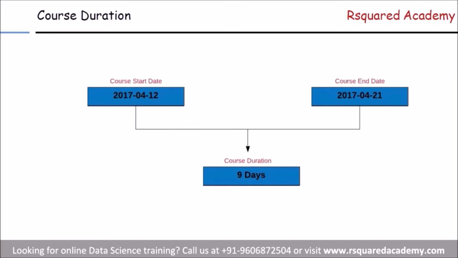Let us say it helps you become a rock star data scientist in 10 days. We have the course start date, 12th April 2017, and the course end date, 21st April 2017. To calculate the duration of this course, we have to subtract the course start date from the course end date, and that will give us the length of the course.